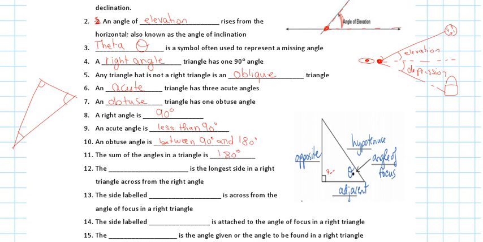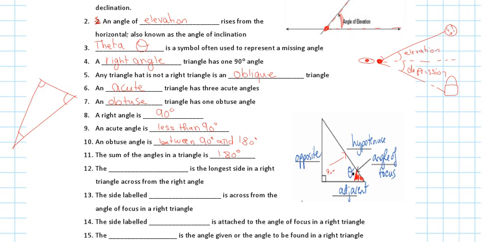It's important to know where the angle of focus is, because the names of the adjacent and the opposite depend on where my angle of focus is. Okay? So I'll show you another example. But first, the hypotenuse doesn't change its location.